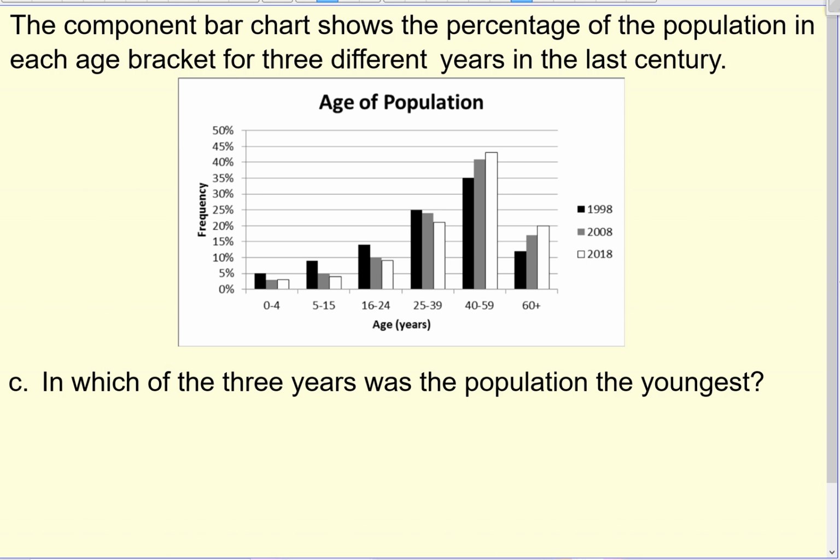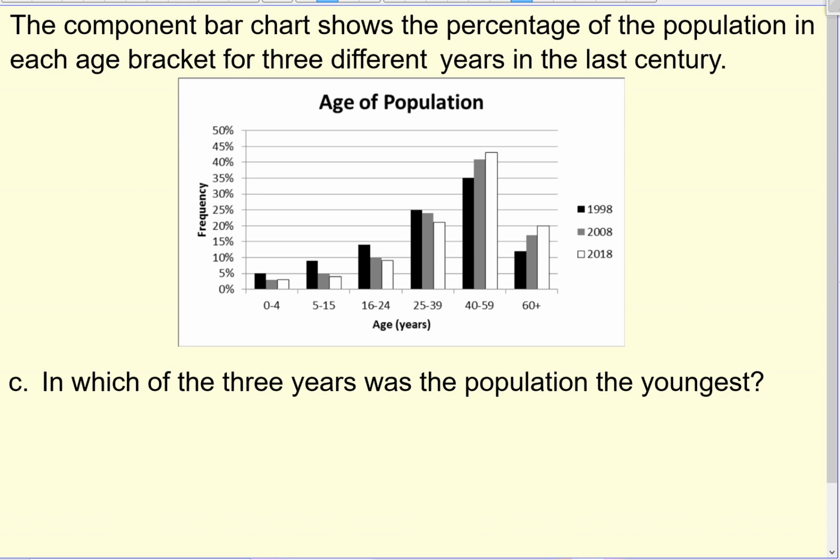Now, this question is much more about interpreting the information. So we're given this information about the percentage of the population which sit within each age bracket, and we're looking for when the population will be the youngest. Now, if you're thinking about having a young population, what does that mean? It means 2 things.